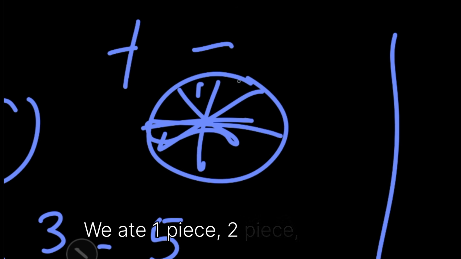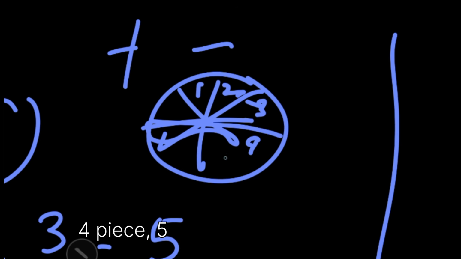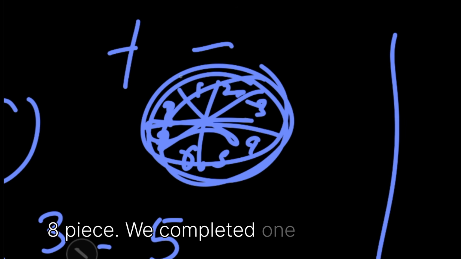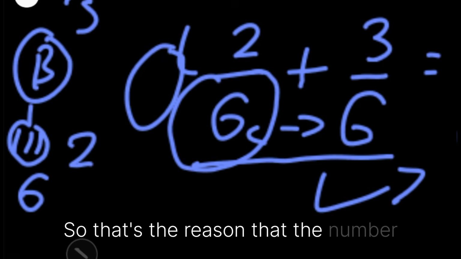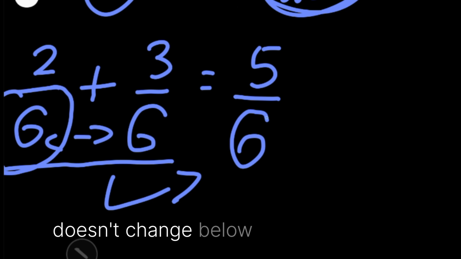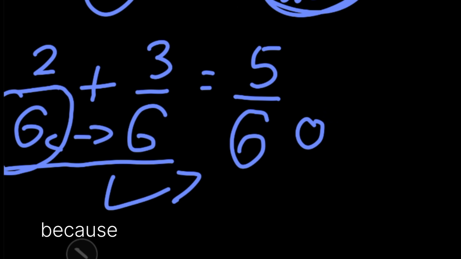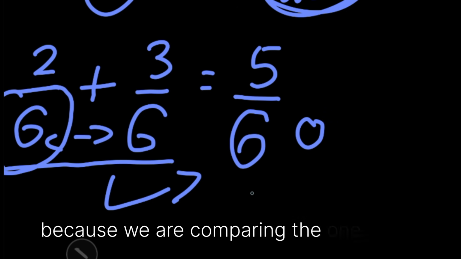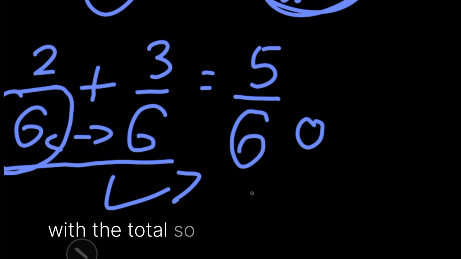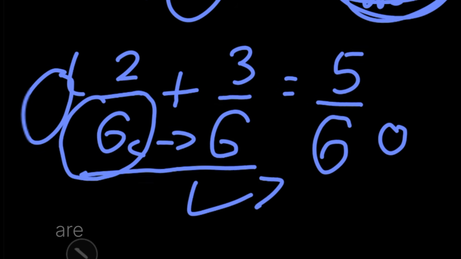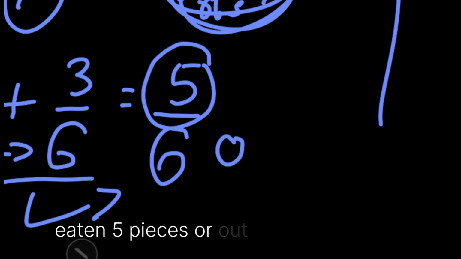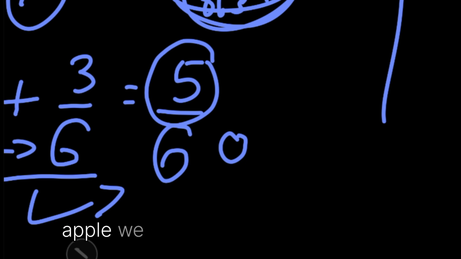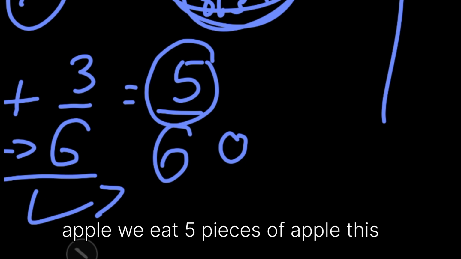We eat 1 piece, 2 pieces, 3, 4, 5, 6, 7, 8 pieces. We completed one whole pizza. So that's the reason the number below, the denominator, doesn't change, because we are comparing the one whole with the total. So when you say 5 by 6, we're saying out of the 6 pieces, we have eaten 5 pieces, or out of the whole one apple, we ate 5 pieces of apple.